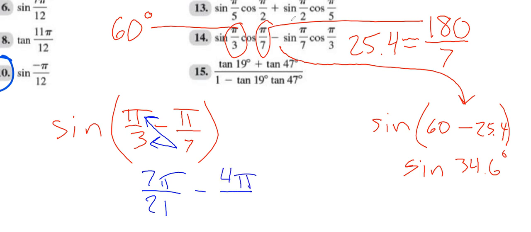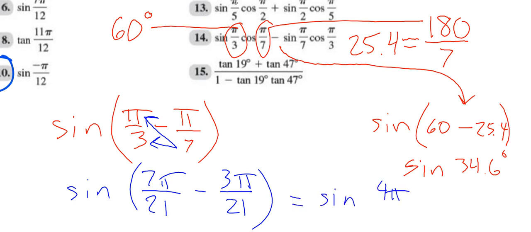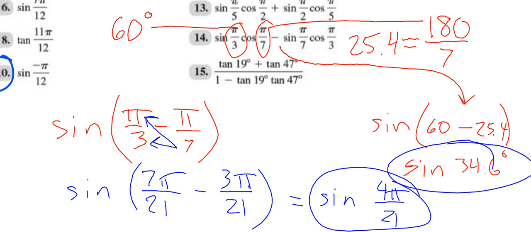Oh, 3 pi. Sorry, my fault, I was thinking ahead. So sine of 4 pi over 21. So those two would be your equivalent answers.